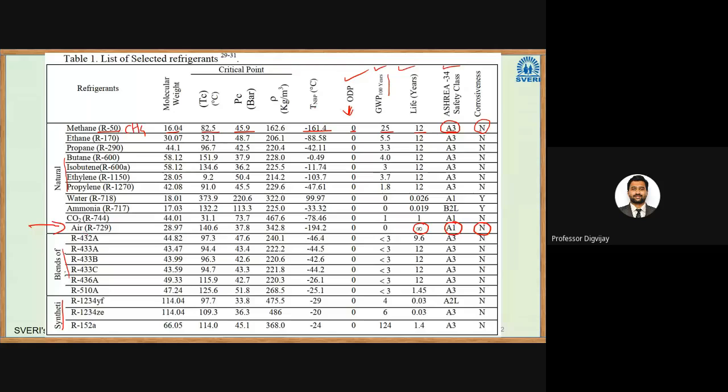Air is labeled as R729. We'll see today why they are labeled like this. Okay. I think I see no questions in the chat box, so I will move further.